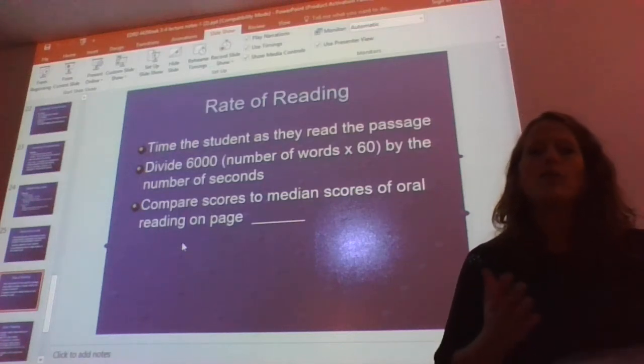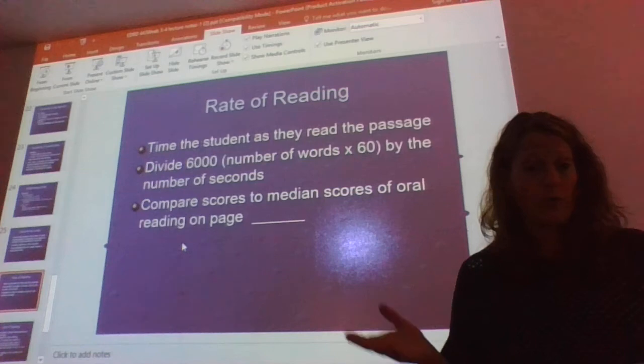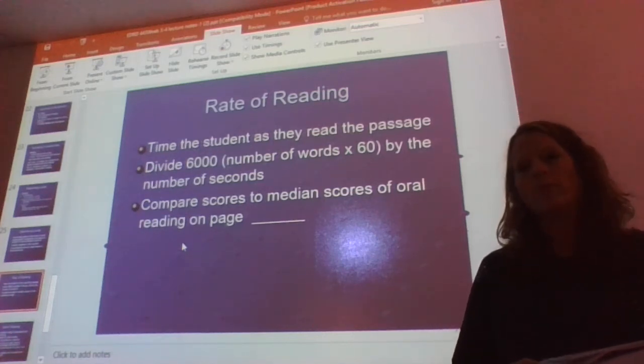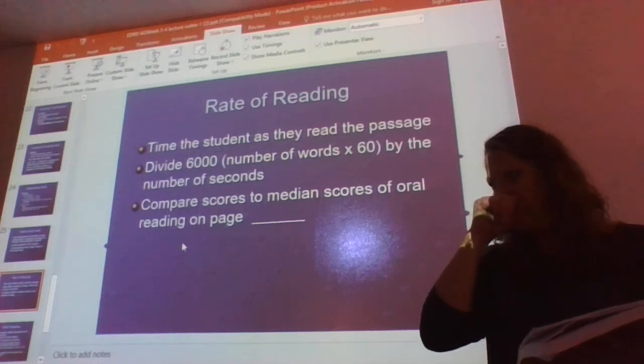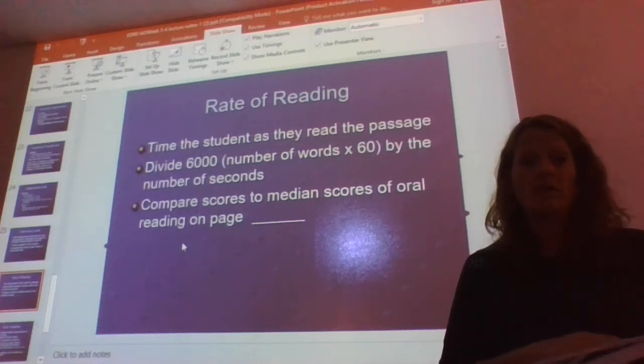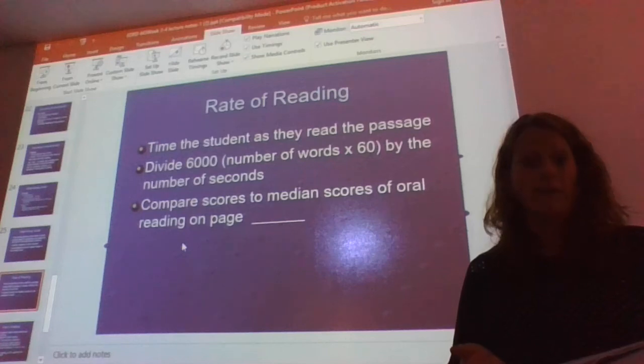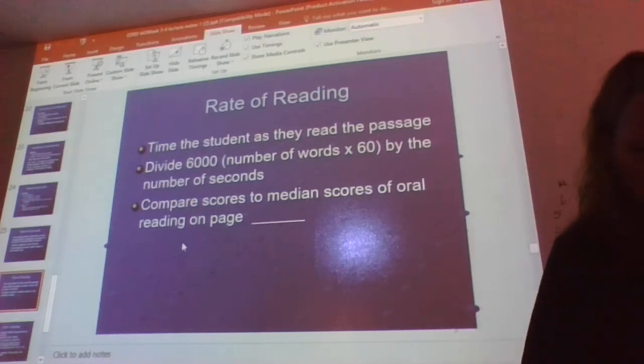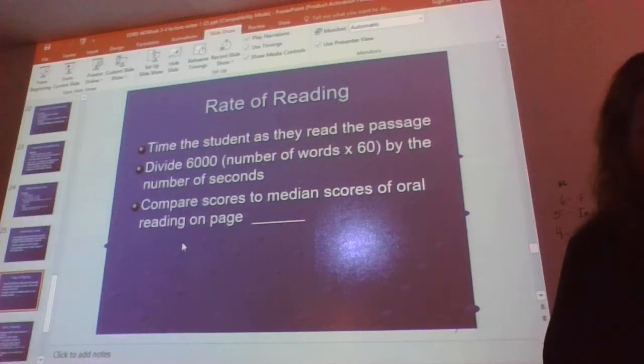So again, you can use either one for the rate, but just note it whenever you tell me about it in your summary, so that I know that rate is based on their grade level or their reading level. Either way is fine. So that's a little bit about the reading rate, and you can read more about that on page 43.